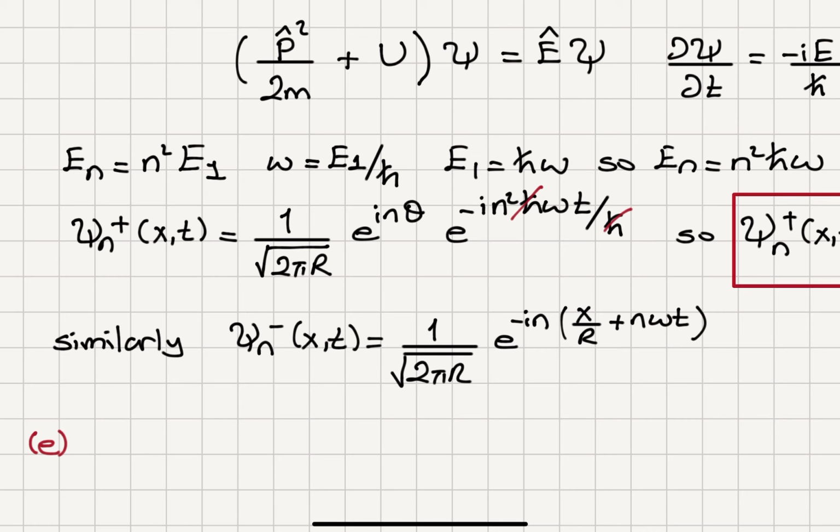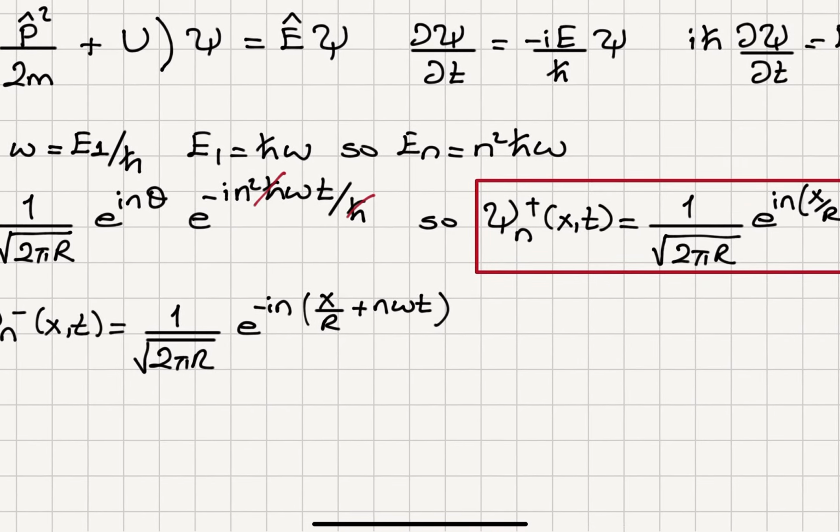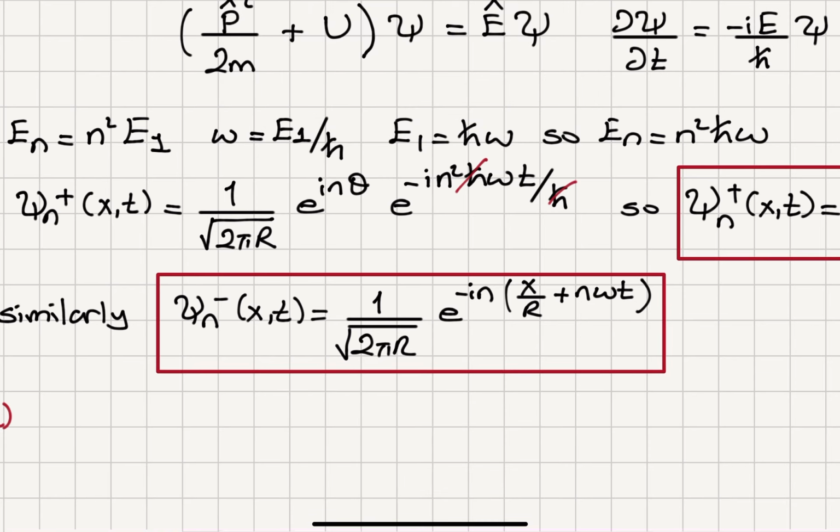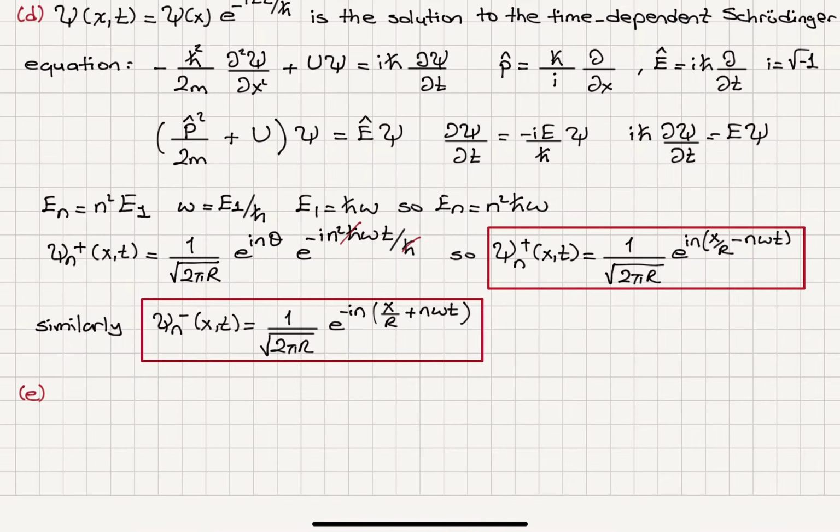Now this is the e to the minus i n theta solution. So to get this term, you would have plus here, so minus i n squared omega t. So this will be the solution to the time-dependent Schrödinger equation for clockwise rotation.